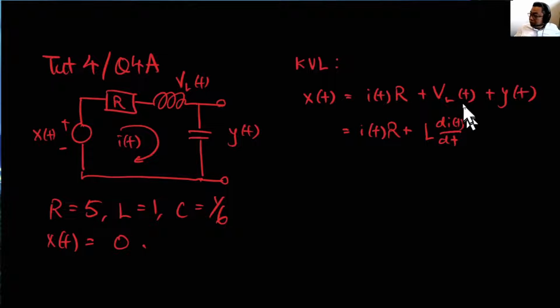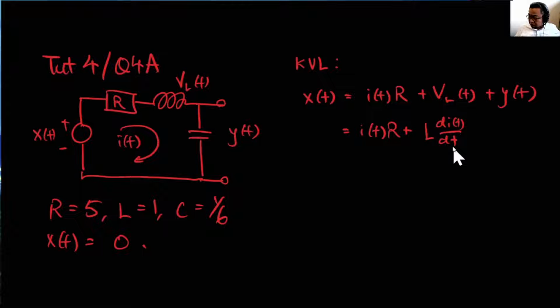We know that the voltage drop across the inductor is the value of the inductance L multiplied by the differentiation of the current, di/dt. That means the faster the current is changing, the more voltage will be dropped across the inductor.